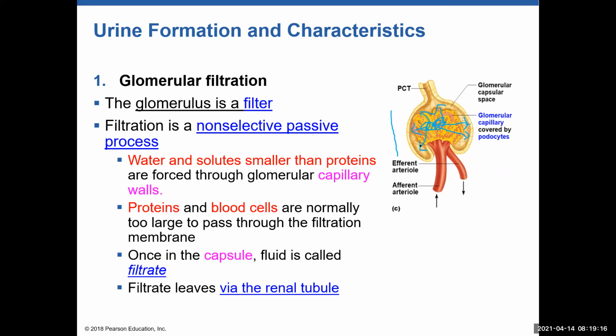So we define filtration as movement of water, or you can say plasma, and the solutes present in the plasma, except the RBCs and except the plasma proteins, across the wall of the glomerular capillaries into the Bowman's capsule. So now the fluid is where? In this Bowman's capsule. Look at this. The fluid is in Bowman's capsule.